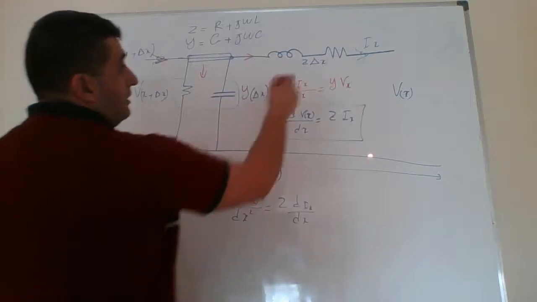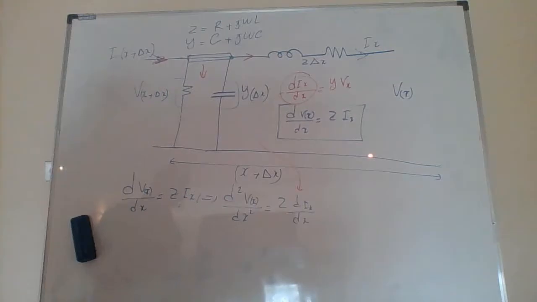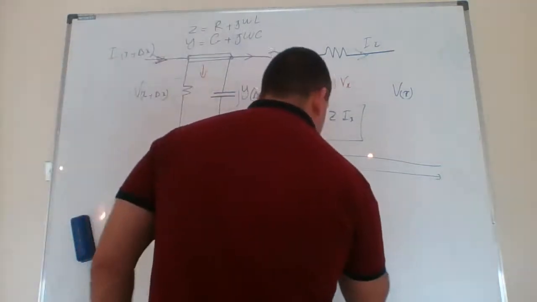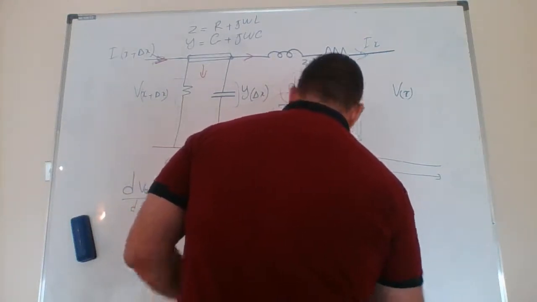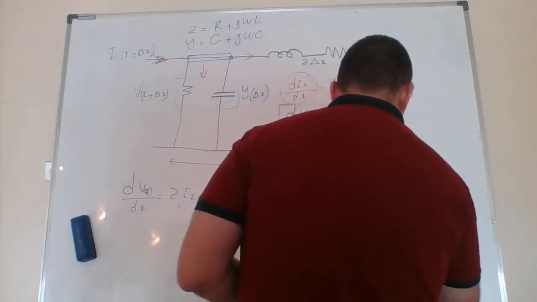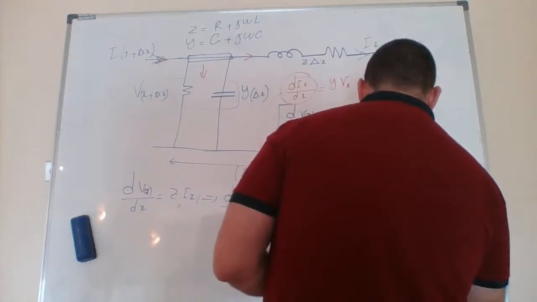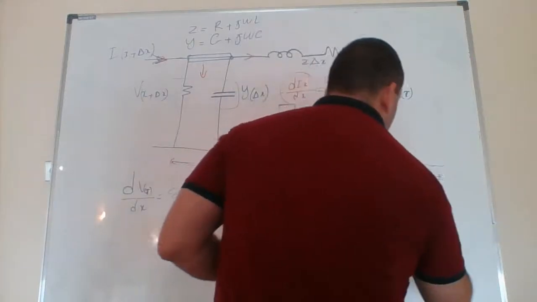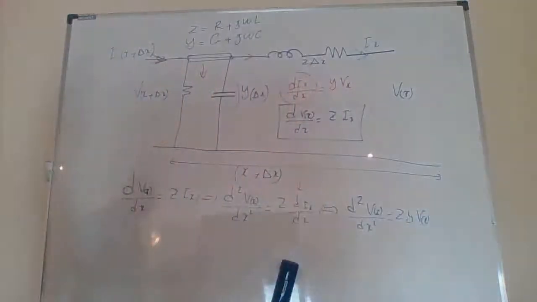Look, dIx over dx is equal to Y Vx. So therefore, I have d squared Vx over dx squared, it's equal to zY Vx.